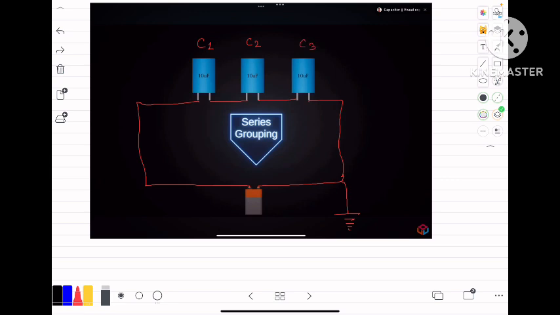A1 B1 प्लेट्स हैं C1 कैपेसिटर की, A2 एंड B2 प्लेट्स हैं कैपेसिटर C2 की, एंड A3 एंड B3 प्लेट्स हैं कैपेसिटर C3 की. देखिए सीरीज कॉम्बिनेशन में एक कैपेसिटर का एंड दूसरे कैपेसिटर के फर्स्ट प्लेट के साथ कनेक्टेड है, दूसरे कैपेसिटर की दूसरी प्लेट नेक्स्ट कैपेसिटर की पहली प्लेट के साथ कनेक्टेड है. तो जब कैपेसिटर्स को हम एंड टू एंड इस तरीके से कनेक्ट करते हैं तो उसको हम बोलते हैं कैपेसिटर्स कनेक्टेड इन सीरीज.